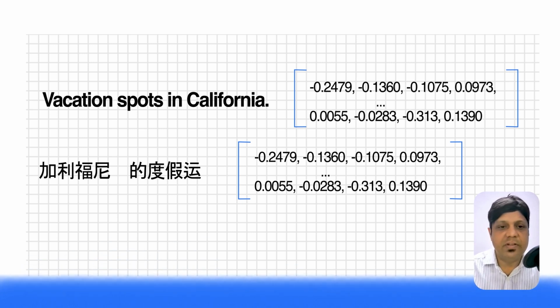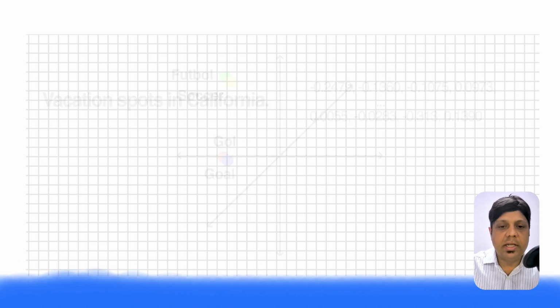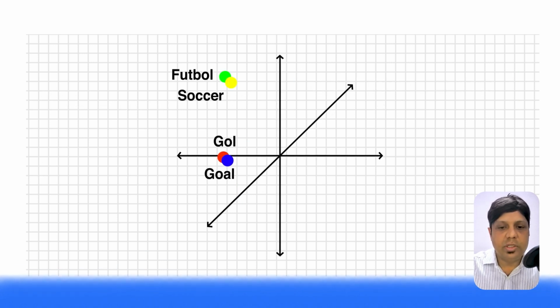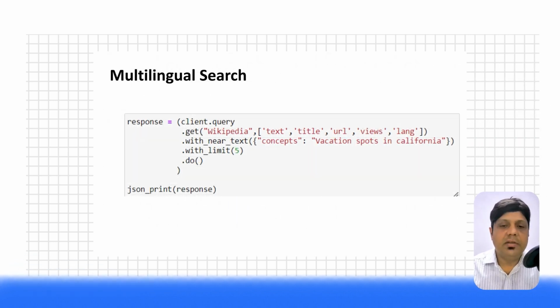So this makes sense. Once we have understood the concept of vector embeddings, now we can relate to this concept. If there are words in English and Turkish, you can see soccer, football, goal, these all have similar embeddings. With this, we have the use case of language translation as well as multilingual search. We can ask a question in English and get results in another language as well.